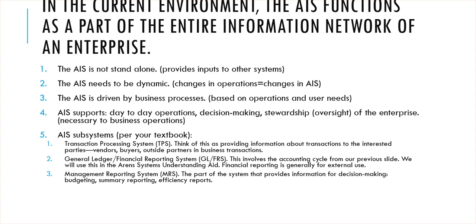And one was takeout business or delivering items to your car. Well, they had to come up with a new way then to handle their customers. They had to come up with a new way for the customers to communicate that they wanted to buy the food. They had to come up with a new way to communicate to say that the customer is there and they're ready for us to take the food out to them. This is a change in operations. And when we change the operations, we have to change the AIS.